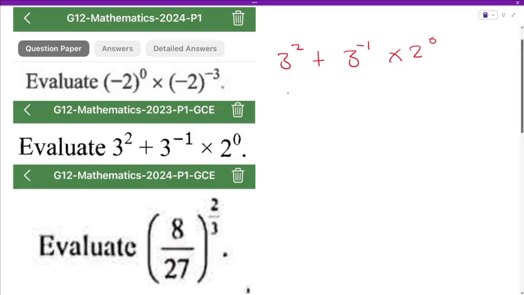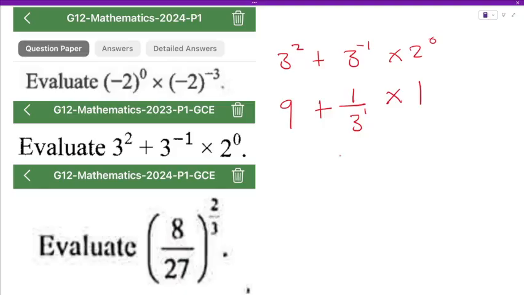So here you can simply say 3 raised to the power of 2, what does it give you? 9, not 6. 9. Then we're going to say plus. Here we have a negative index. What do we do? We need to rewrite it as a positive index. So we said that negative simply means 1 over, then the 3 drops down here, and then the power becomes a positive from a negative. That is that. Then we're going to say times 2 to the power of 0 is just 1.